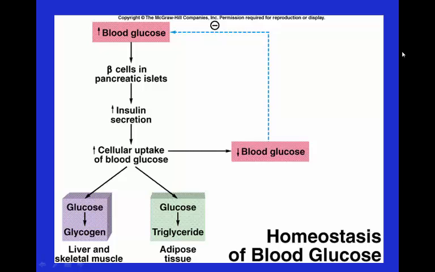So as glucose enters the liver and muscle cells and the adipose tissue cells, the blood glucose level is going to decrease. If you look to your right, the other pink box, you see a decrease in blood glucose following the uptake of glucose into the cells. This decreased blood glucose is sensed by the pancreatic beta cells, and they're going to shut off their insulin release to just the normal basal activity.